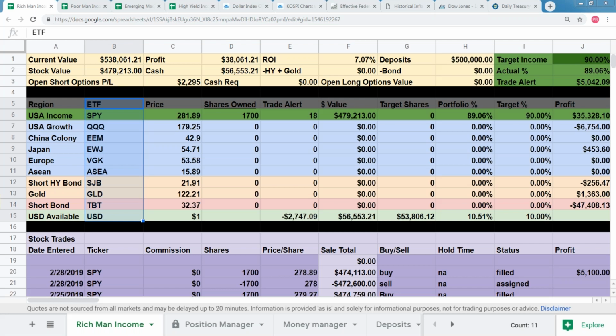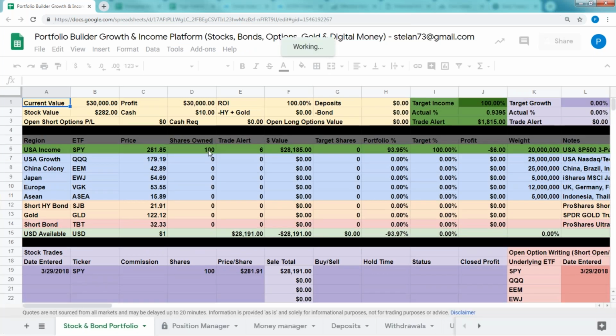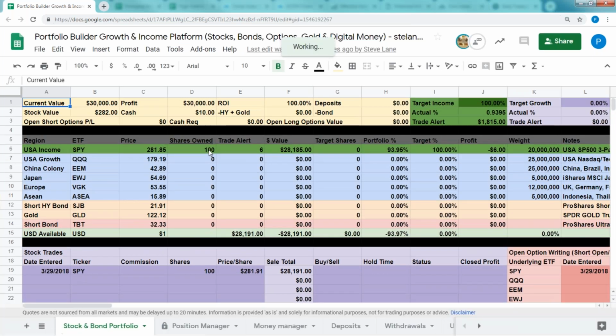Okay, and if you don't have the most recent one, I'll issue you a brand new one. Okay, so this is a slightly outdated spreadsheet, but it does have the SPY setting, so that's fine. And if you want to look at the emerging markets or the breakdown of this one, let me know and I can issue a new sheet.